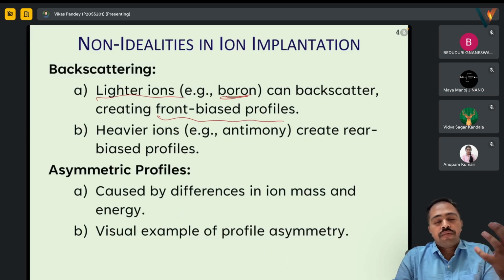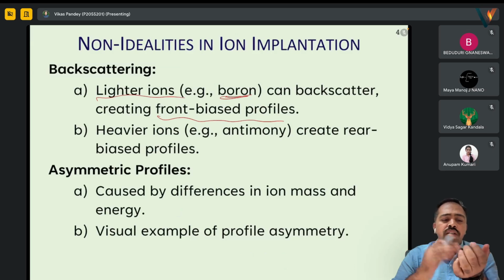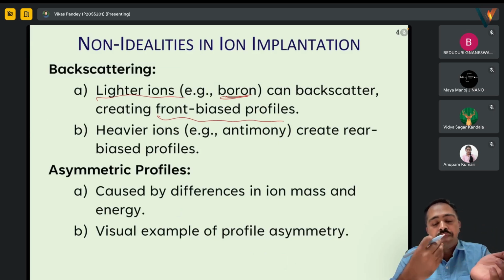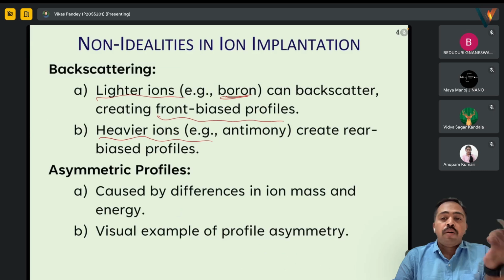On the top there will be less doping, because lighter ions with lower energy may backscatter. So on the top surface there can be a lower number of dopants compared to what we were planning for. In the case of heavier ions, it will be the opposite, that is a rear biased profile.